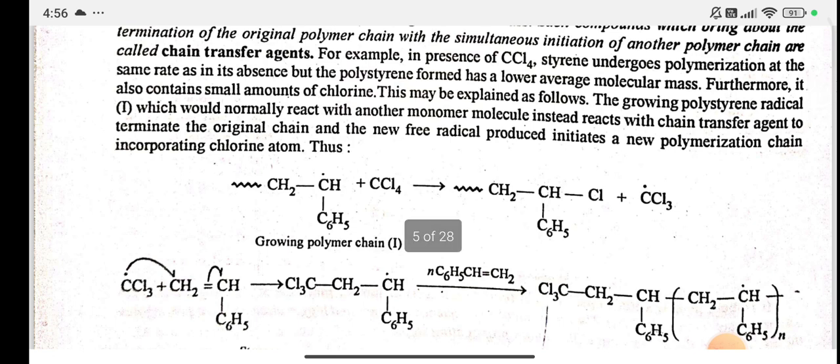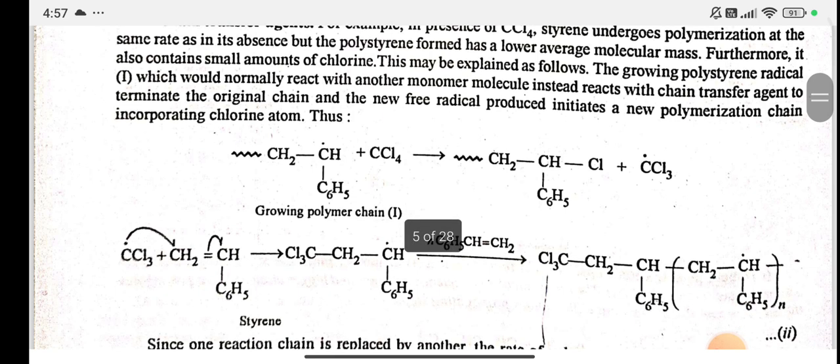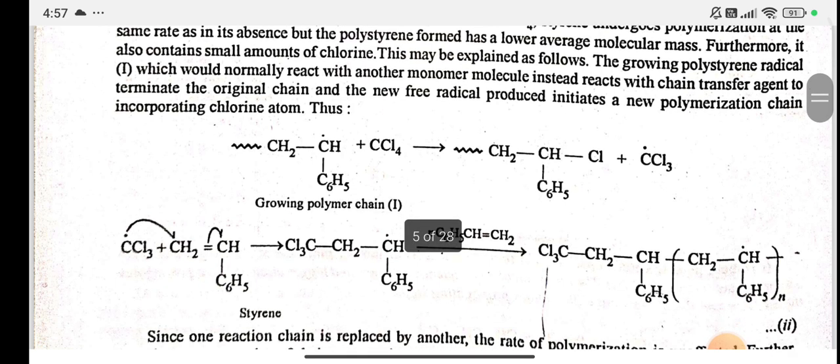For example, in the presence of CCl4, styrene undergoes polymerization at the same rate as in its absence, but the polystyrene formed has a lower average molecular mass. Furthermore, it also contains a small amount of chlorine. This may be explained as follows: the growing polystyryl radical, which would normally react with another monomer molecule, instead reacts with the chain transfer agent to terminate the original chain.